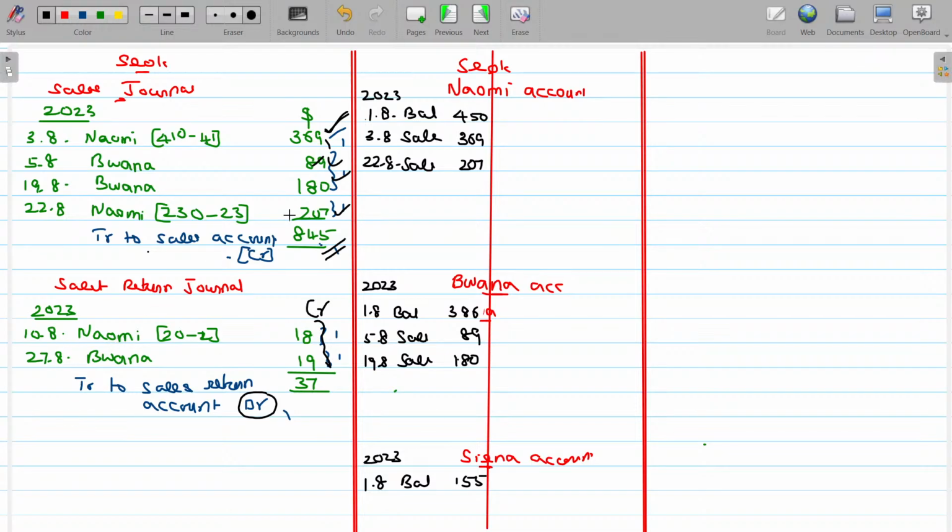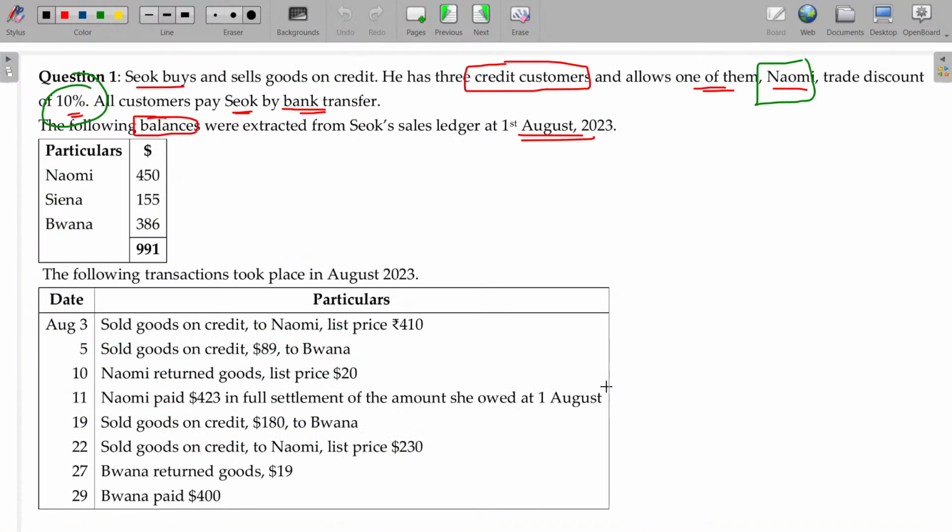Okay, in Naomi account on 10th August, there is a sales return, the value being 18. On 27th August, there is a sales return from Buona, the value being 19.